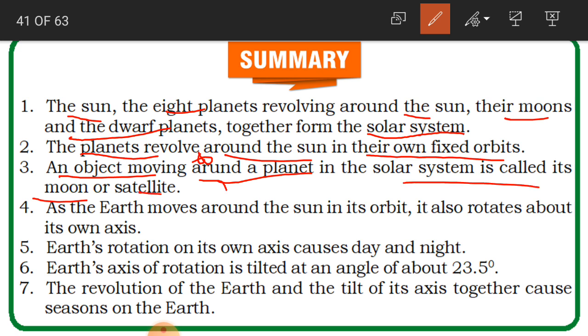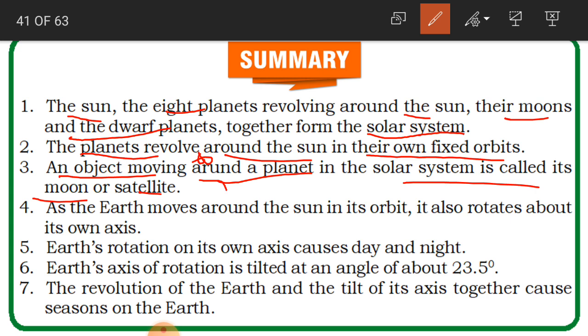So we have one more object which moves around the planet, and that is nothing but the moon of that particular planet, or we can also call it a satellite of that planet. Those are the natural satellites of the planets.